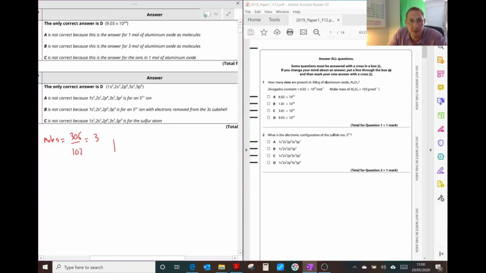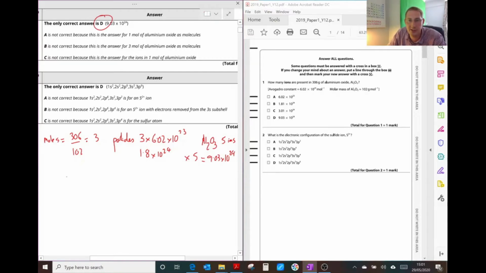The number of particles is therefore that times Avogadro's number, 6.02 times 10 to the 23, which is about 1.8 times 10 to the 24. But we are asked for the number of ions, and in each Al2O3 there are 5 ions. So 1.8 times 10 to the 24 times 5 is 9.03 times 10 to the 24. So the answer is D.